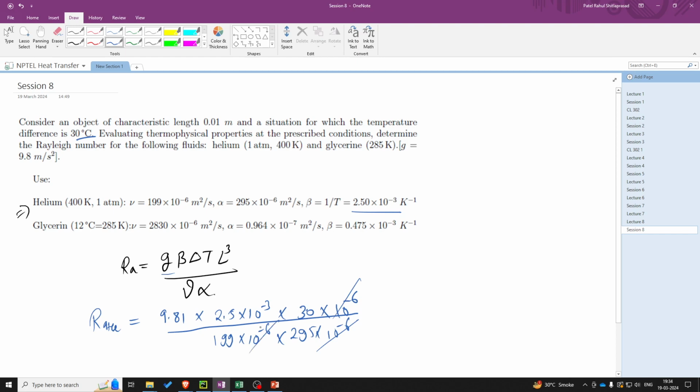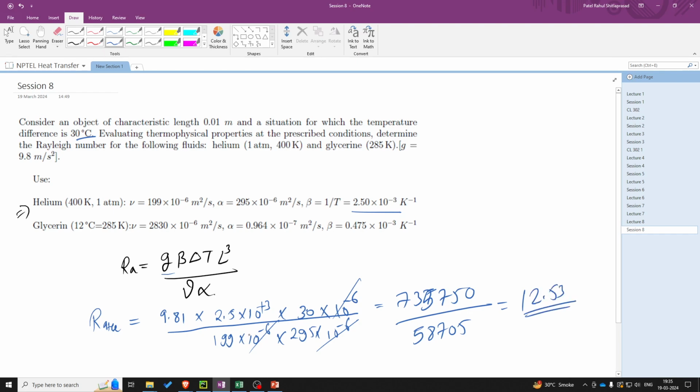So you can just cancel it out and this should become 9.5 into 1000, is equal to 73740 upon... so this will come around 12.53.